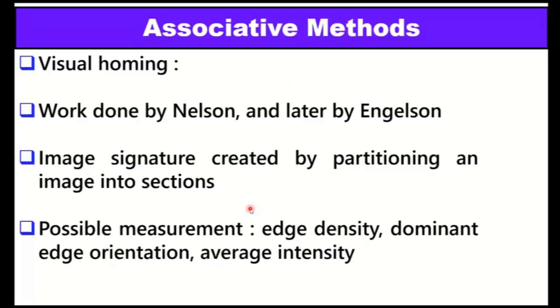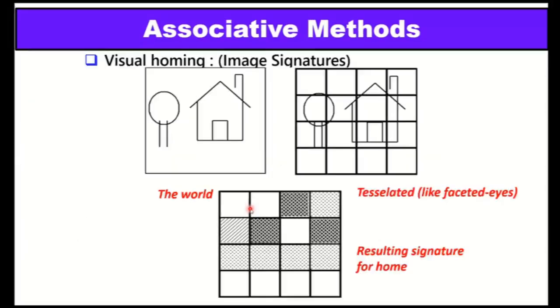In the associative method, the first method is visual homing. Remember, we are discussing topological path planning, where the relational method is there and the associative method is there. In the associative method we are discussing visual homing. There are two papers on this visual homing that we are referring to. Here we have a view from the top, or a camera-enabled system, and we find image signatures and try to recognize the real world, right?